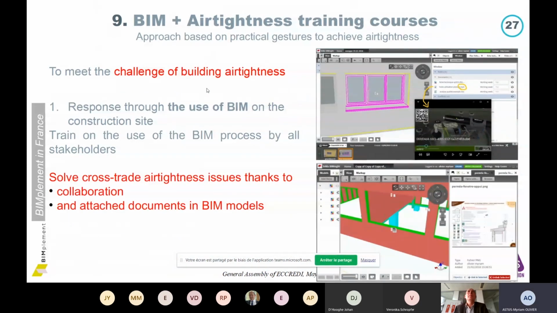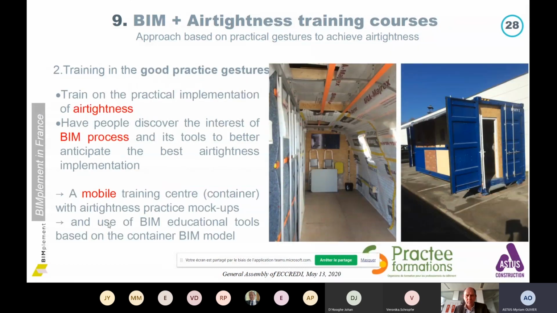This is an example of how to challenge the BIM model, the building airtightness, because you see here, for instance, a video that has been linked to the model. Here are technical documents which show how to implement the different elements of the airtightness. But we have also implemented during the BIMplement another way of training on good practice gestures.